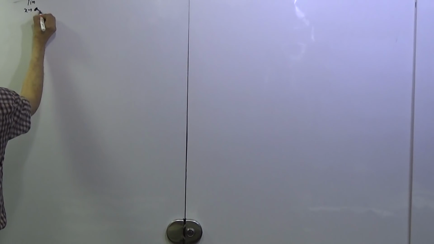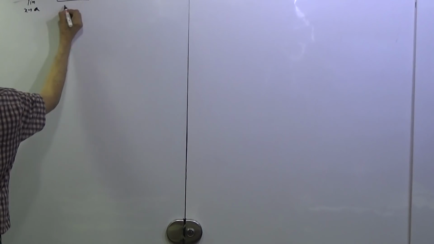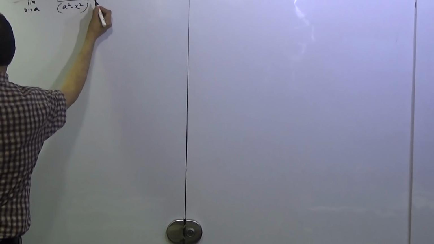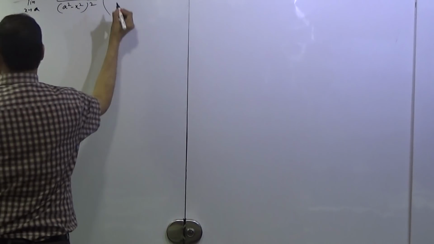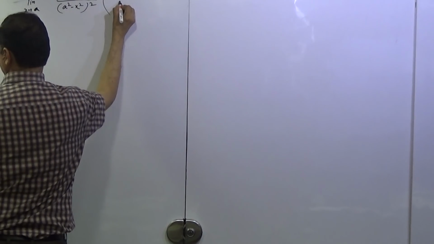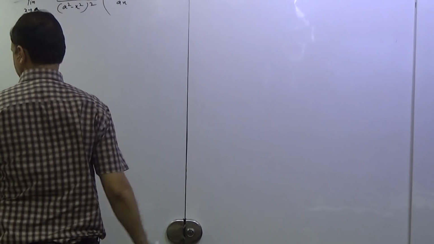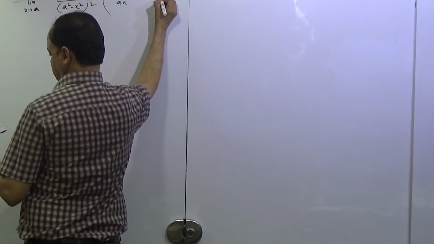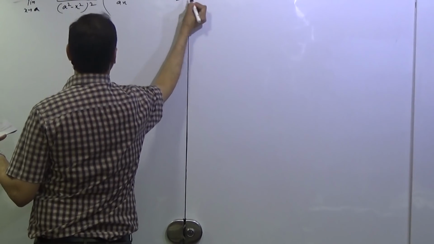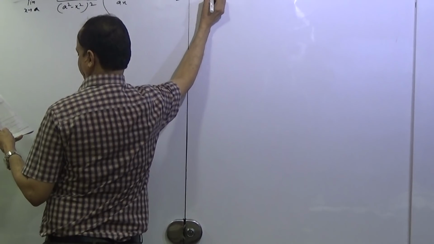Limit x extending to a of 1 by a square minus x square whole square, a square plus x square upon ax minus 2 sine a pi by 2 sine of pi x by 2.